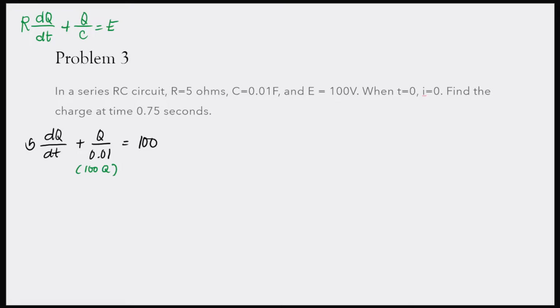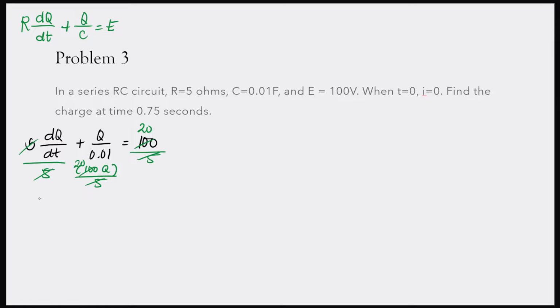Let's simplify the differential equation. Let's divide both sides by 5. Of course, this one is cancelled. So this is 20, and this is also 20.